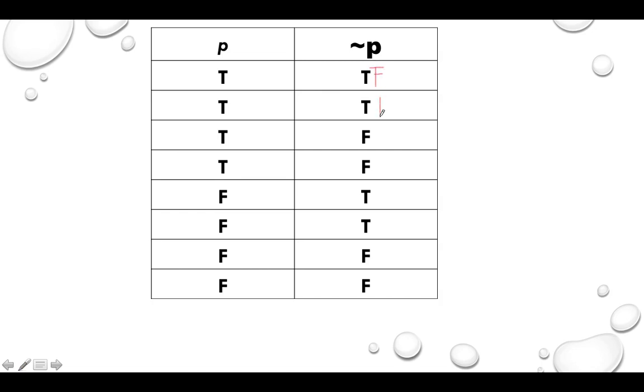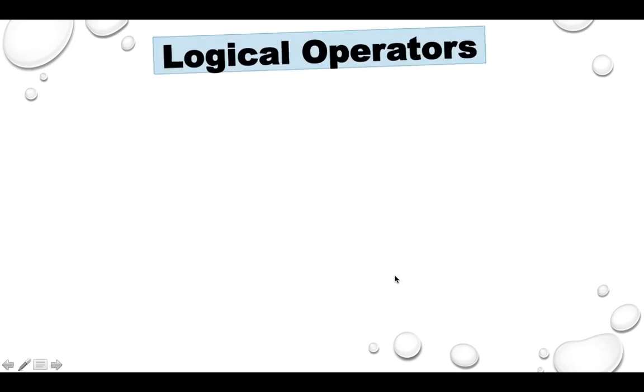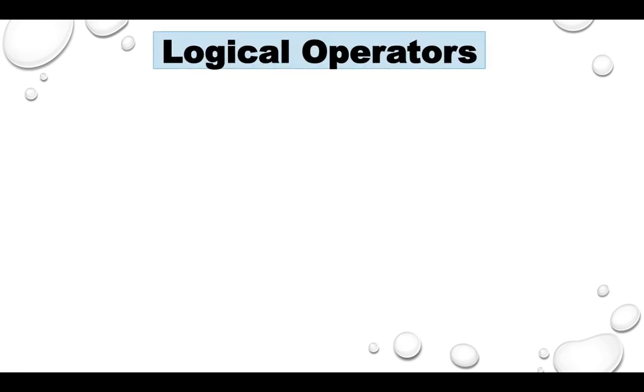And then false. And then this one is true, tama. And then this is true. Okay. So this is a sample of negation. And basta pag negate, kung true siya, gagawin lang siyang false. And kapag false siya, gagawin siyang true.